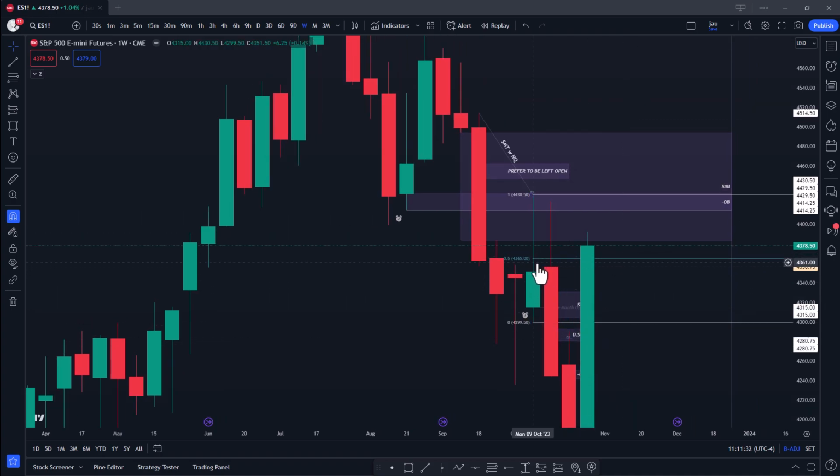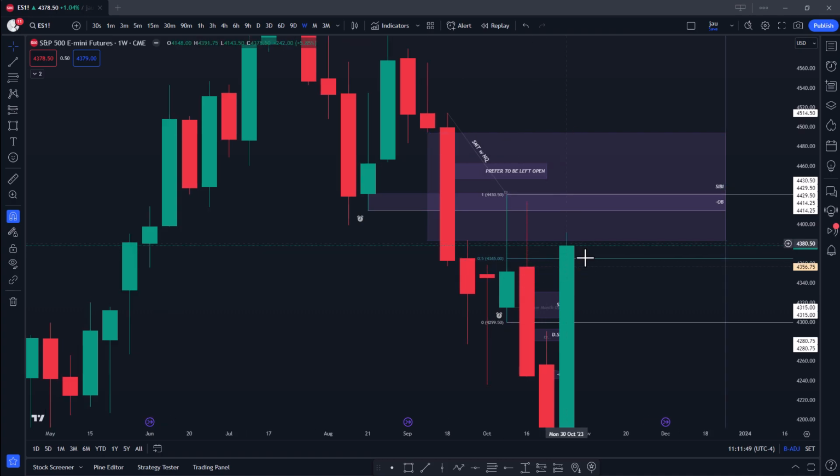We even closed above the 50%, the mean threshold of this order block, this bullish candle. Measuring it from the high to the low, we can see the blue line is the mean threshold, which is the 4365 level.